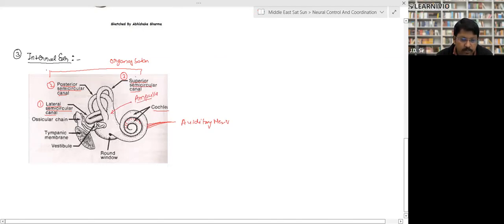So this part of the canal is called the ampulla. Full stop.